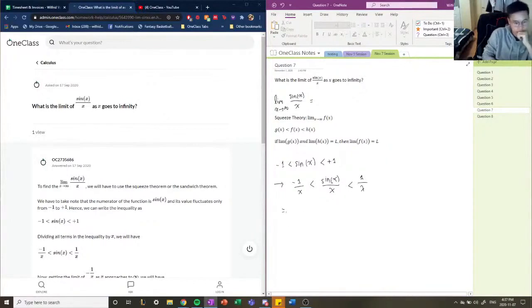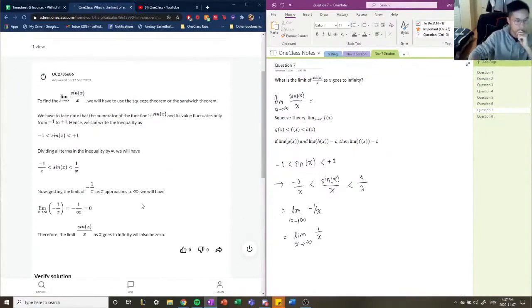So now what is the limit as x approaches infinity of negative 1 over x, and same thing for the limit as x approaches infinity of 1 over x, right? We see here that this equals 0, and this also equals 0.